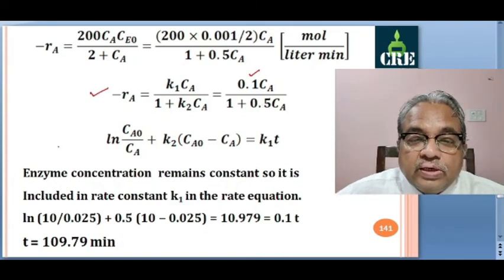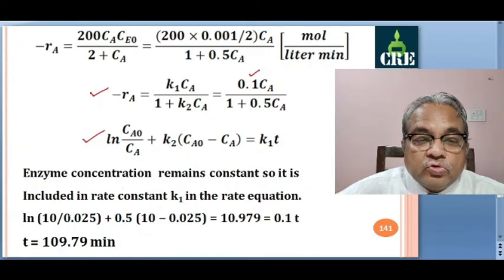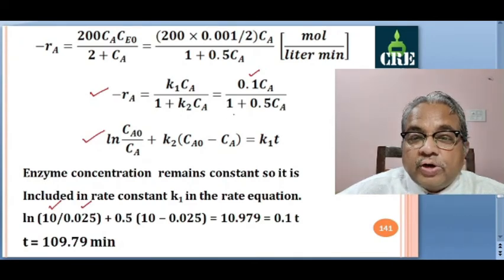So we have this integrated form for this kind of reaction of shifting order, K1 Ca by 1 plus K2 Ca, which we have derived earlier: ln of Ca0 by Ca plus K2 into Ca0 minus Ca is equal to K1 T. So ln of Ca0, which is 10, by the final value we have to reach, 0.025, plus K2, which is 0.5, into Ca0 of 10 minus Ca of 0.025.